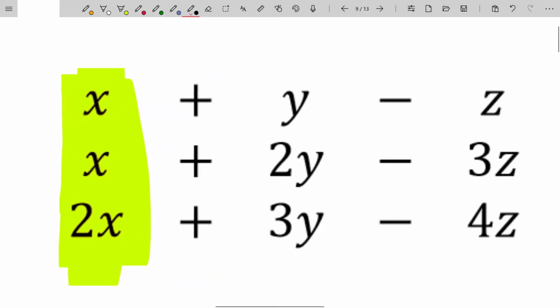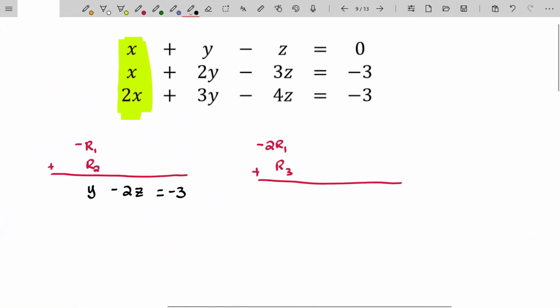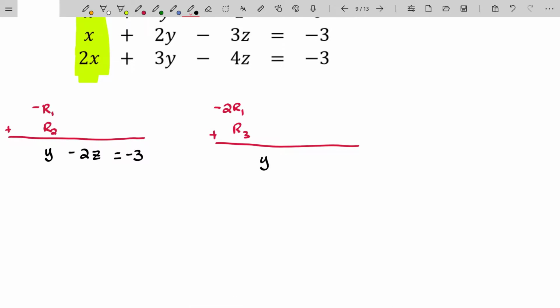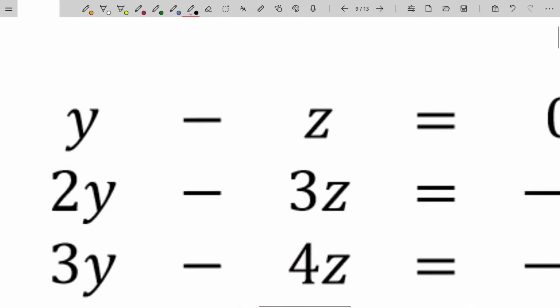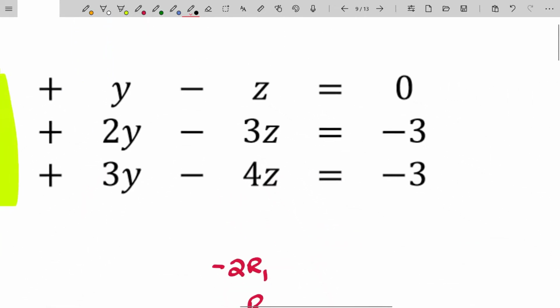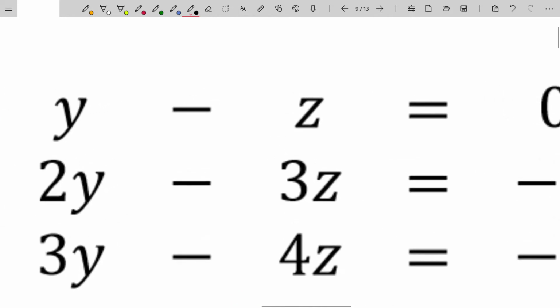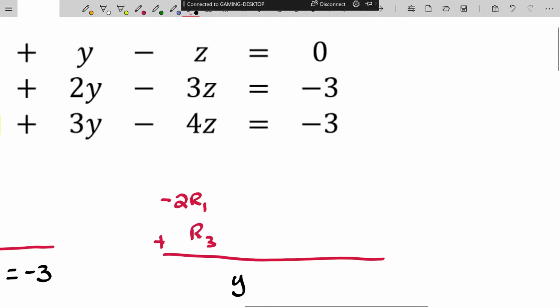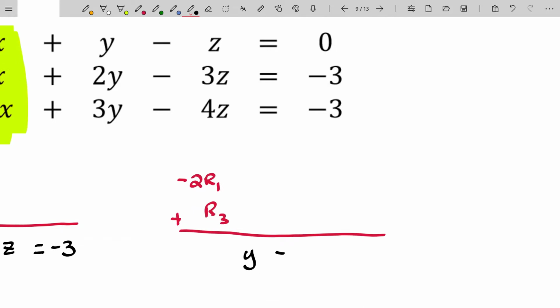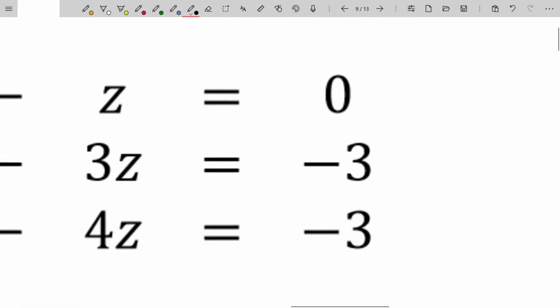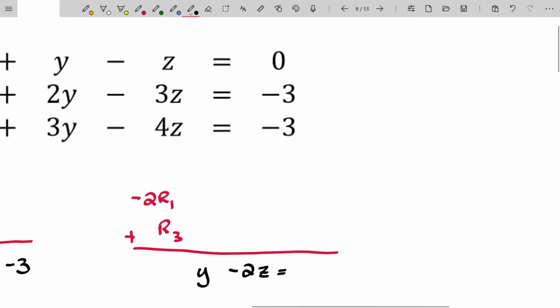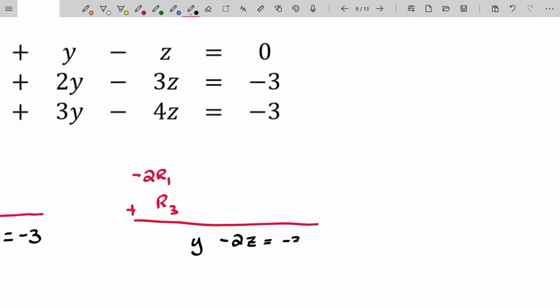A negative 2y plus 3y, that's going to be a y. Let's see, a negative 2 times a negative z, which is a positive 2z, minus 4z is a negative 2z. And then finally, a negative 2 times 0 is 0, plus a negative 3 is a negative 3.